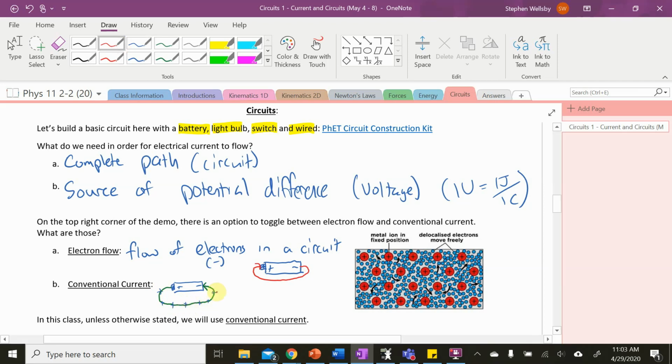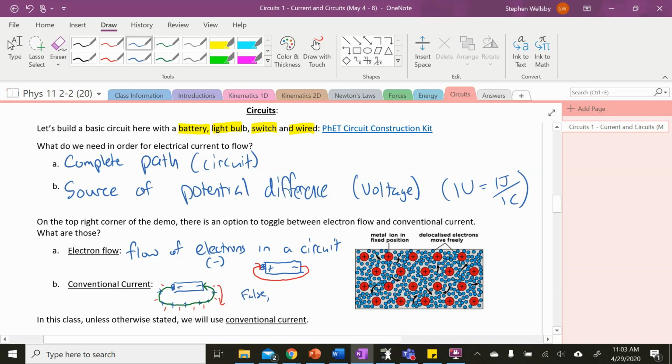It's really the negative charges that are going to be moving in this direction here, but the positive charges are stationary. So this is what we know is happening, but what Benjamin Franklin thought was happening was that these positive charges would be moving from positive to negative. So this is false, but I guess the world is too lazy to change their understanding.